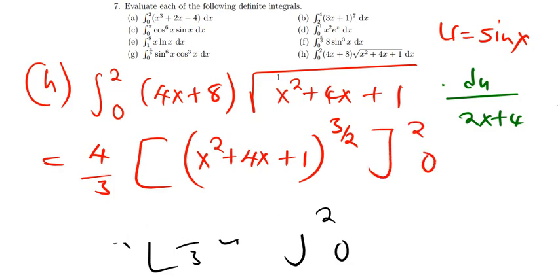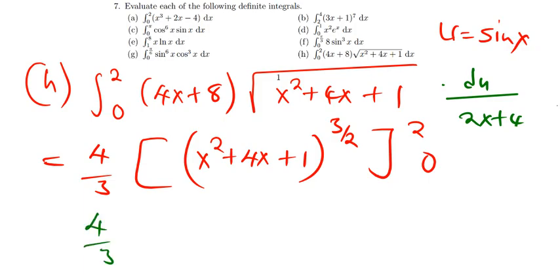So you can just plug in the 2 for the first part. 2 to the power 2 is going to be 4, plus 2 times 4 is 8, plus 4, 12, 13. So you remain with 4 over 3 multiplied by 13 raised to the power 3 over 2, minus the other one. If you substitute a 0 there, you just remain with the 1. You should be able to simplify from that point, and then you're good to go.